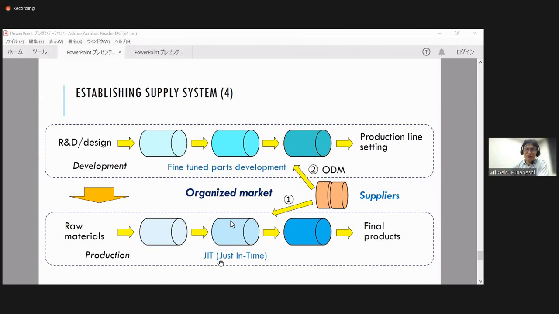So this is a characteristic of the backend technology production system, especially by Toyota and many other famous manufacturing companies. And this kind of relationship between large manufacturers and suppliers is typical in Japan.